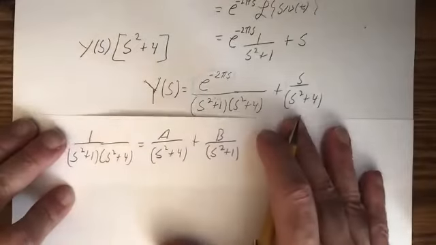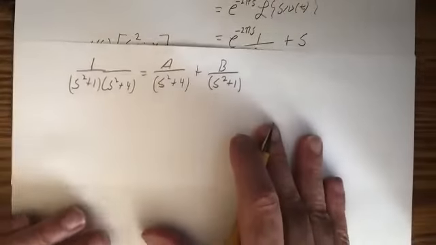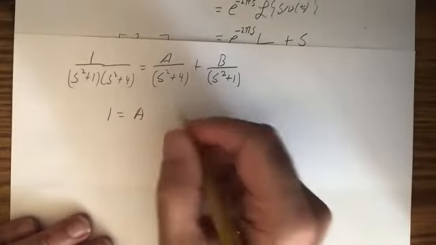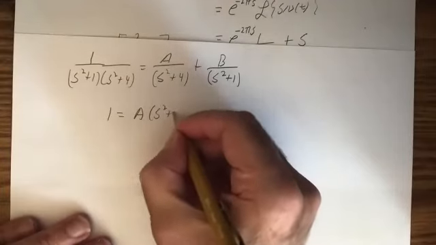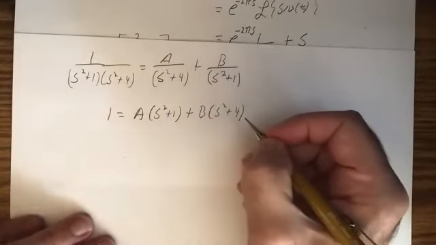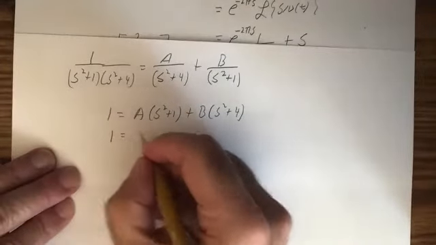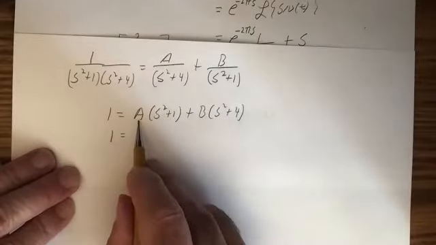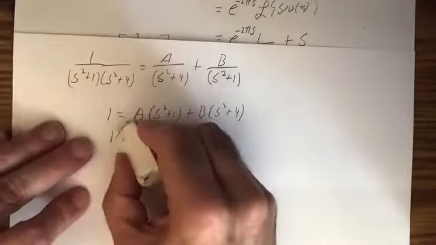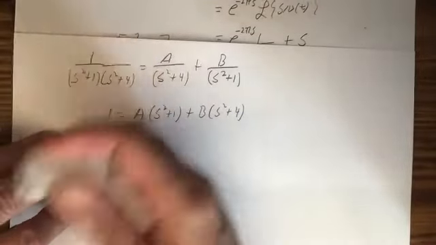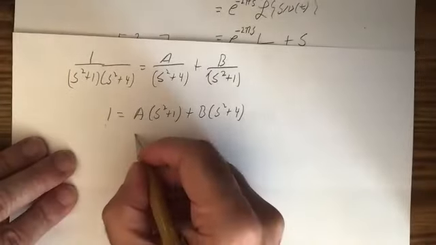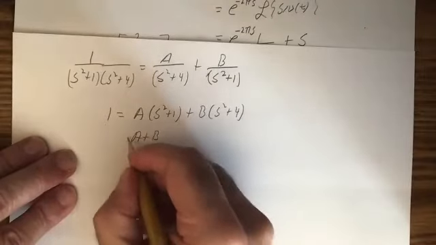So let's solve for A and B. It's going to be 1 is equal to A times s squared plus 1, plus B times s squared plus 4. There's no s squared on this side of the equation, so A plus B is equal to 0.